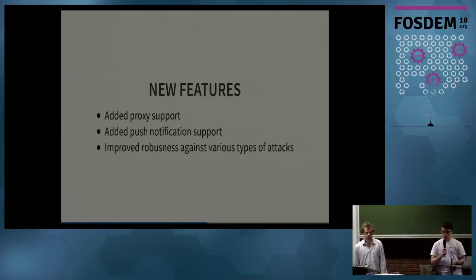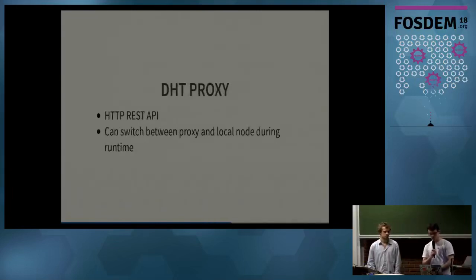So with push notifications, you can ask the proxy to send a wake-up notification to wake up your application and retrieve the value from the DHT. We also reworked the protection against DDoS. For the proxy, it's just a simple REST API, which is described on the wiki.